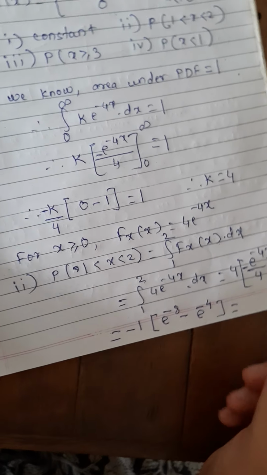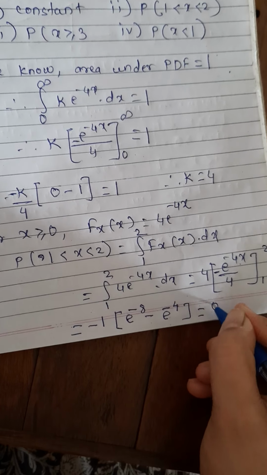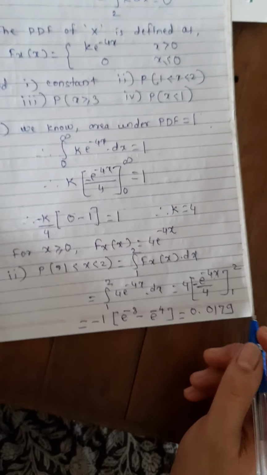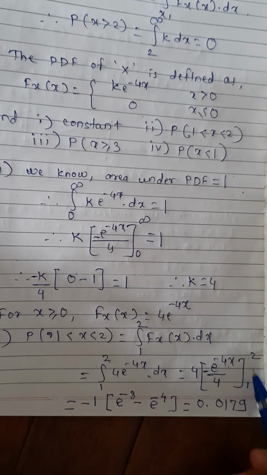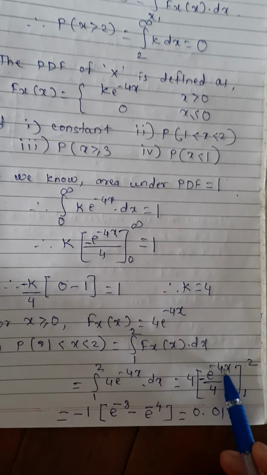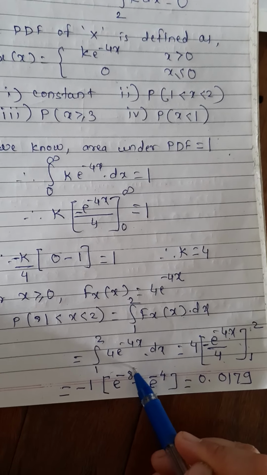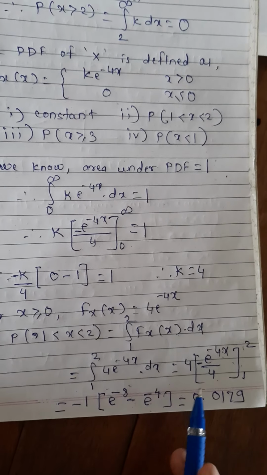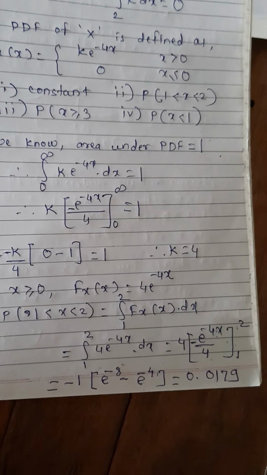By calculation we get 0.0179. Here we just replace the integration values 2 and 1, 4 gets cancelled, e raised to minus 4 into 2 minus e raised to minus 4 into 1, so it is minus 1 into e raised to minus 8 minus e raised to minus 4. So by calculation we find the value, it is 0.0179.